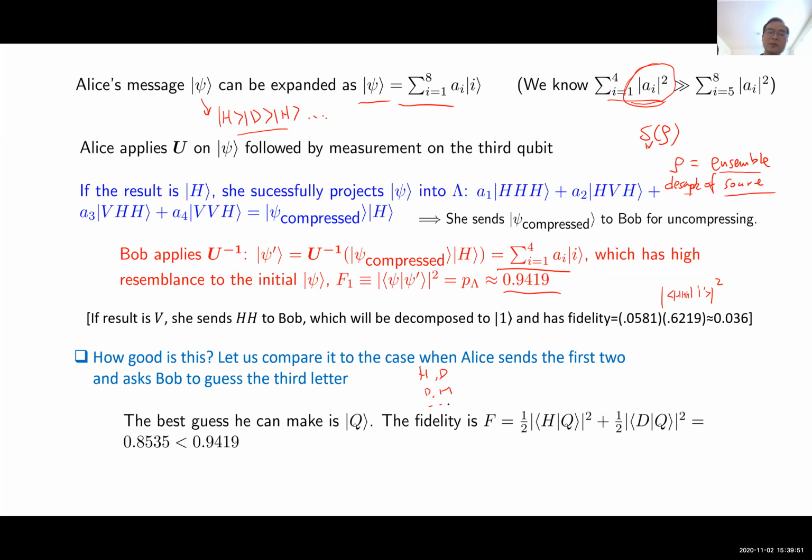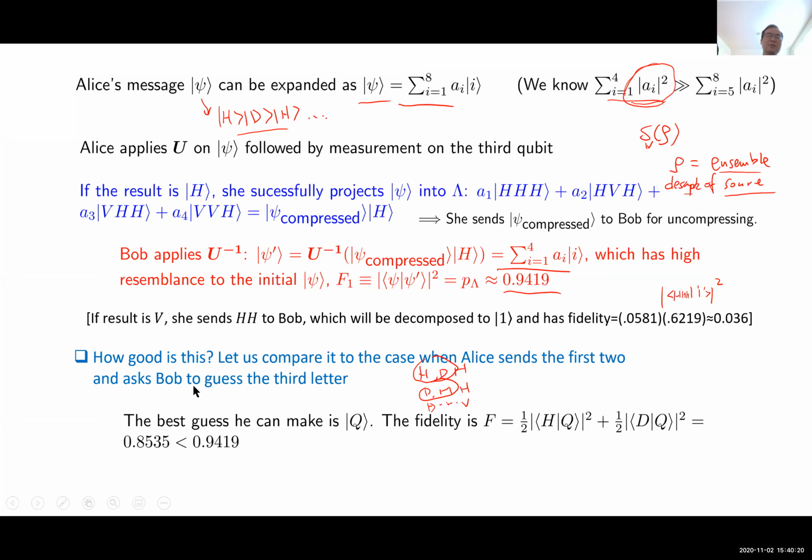For example, if you have some message that is 3 qubits, the best Alice can do is just send the first 2 and then ask Bob to guess, because you cannot compress, and the only thing you can do is have some guessing game.